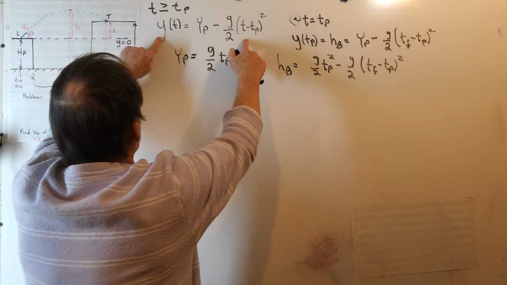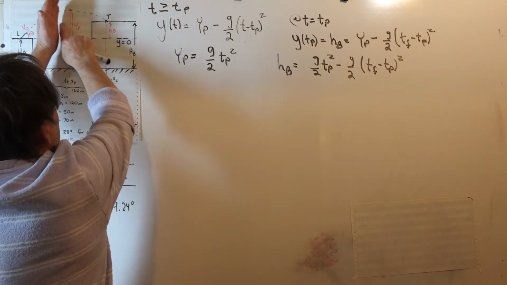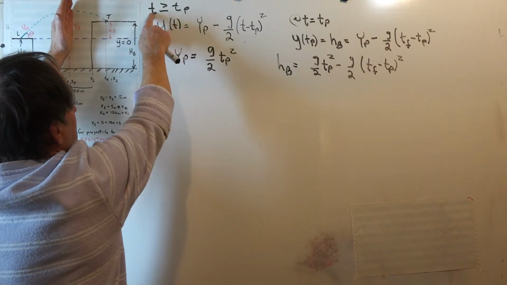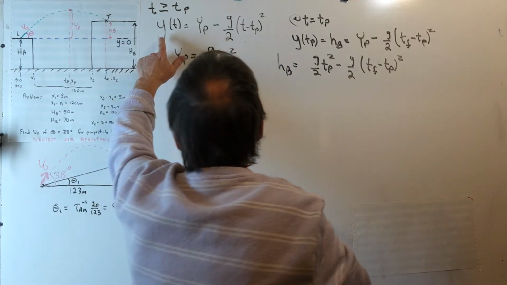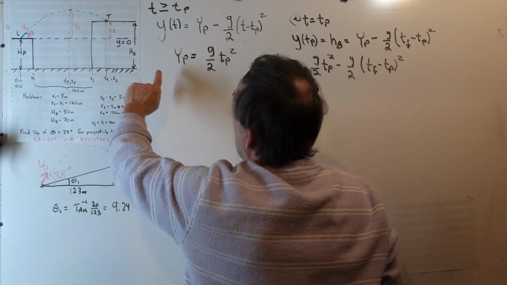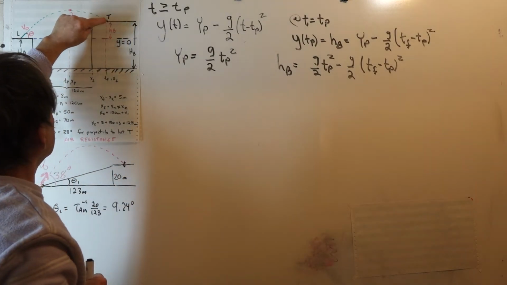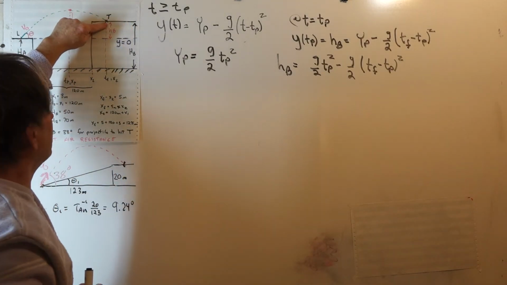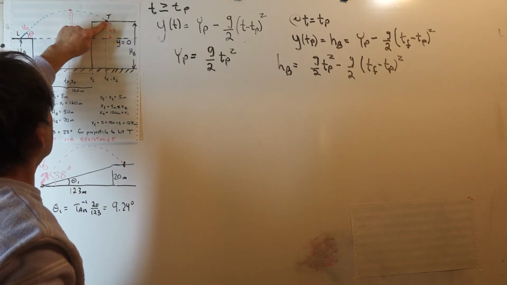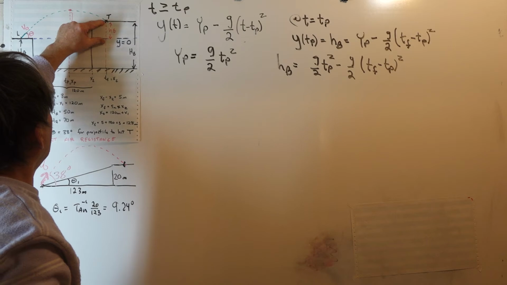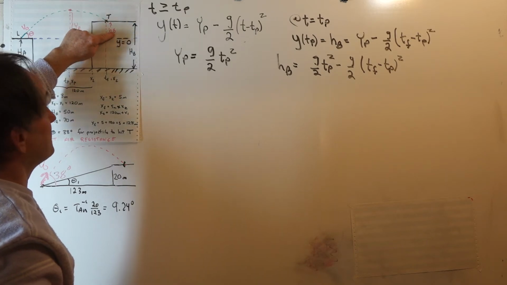And remember, this equation is for times once the projectile has reached its peak, for t greater than or equal to t peak. Now, what we're going to do is solve this equation for the time that it takes for the projectile to reach its final position. That is, when it hits its target. Well, when it hits its target, at the final time, the height of the projectile will be small h of b.